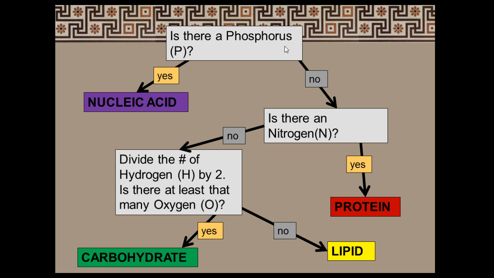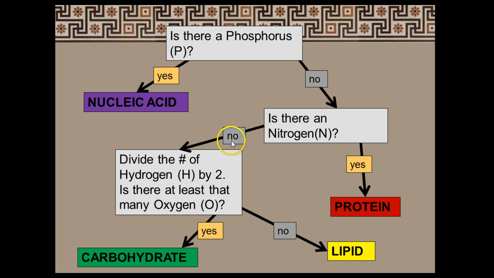So when we look at a structural or chemical formula, we should ask, does this contain phosphorus? If we answer yes, then we know it's a nucleic acid. If we answer no, then we ask ourselves, is there nitrogen? Because proteins contain nitrogen. And if we say yes, then it's a protein.